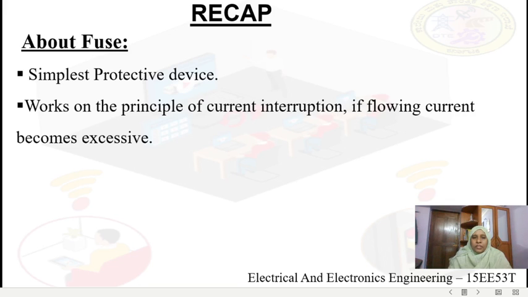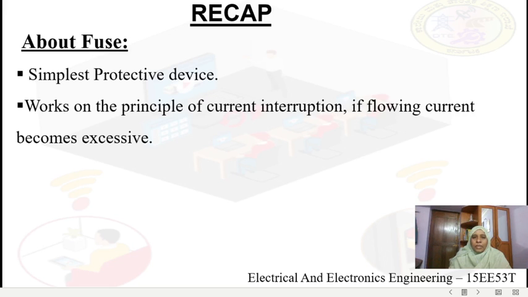Once a fault occurs, as soon as the fault occurs, the current value rises to an abnormally high value. This high value of current starts flowing inside the fuse. As soon as this high value of current starts flowing, the fuse element's temperature increases and it becomes more than its melting point and hence the fuse element breaks open.